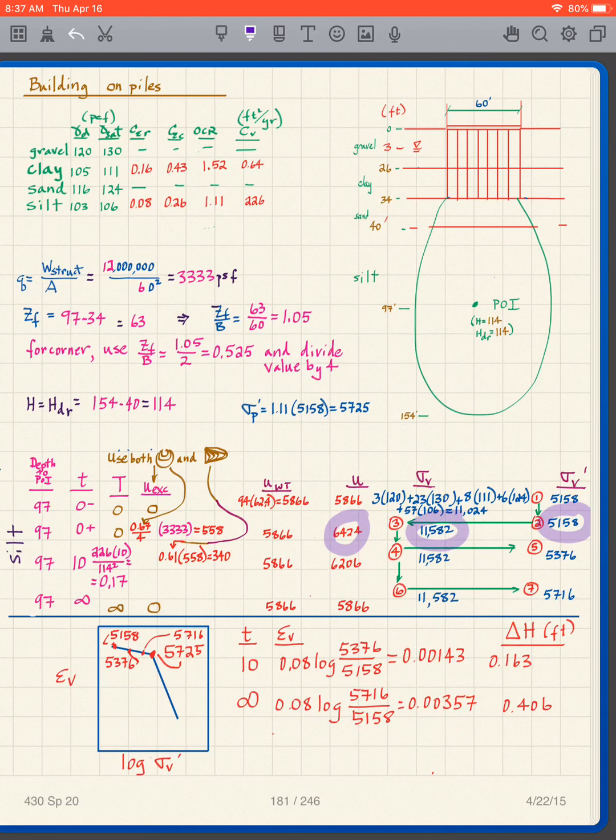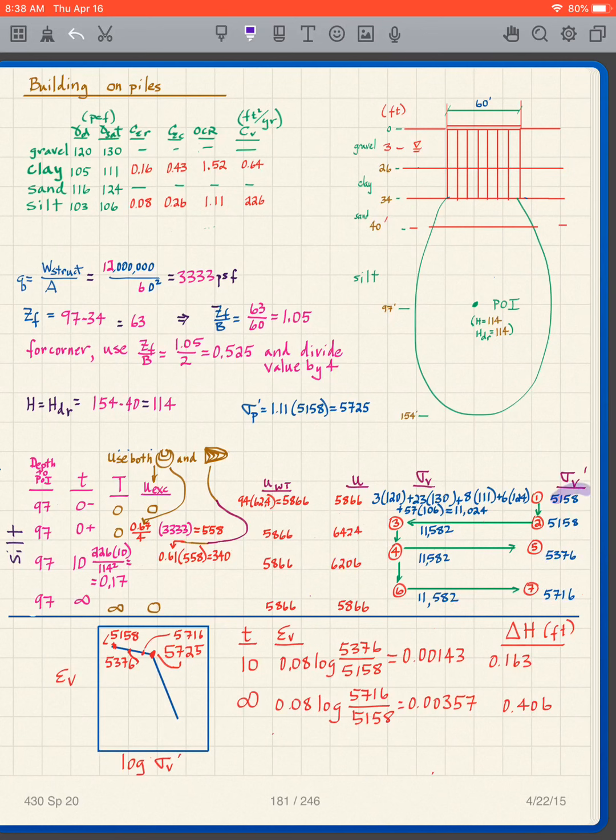I get 11,582. Then all of these are 11,582 because they're the same picture. And then I take these 11,582s minus those U's, and I get the sigma V primes.